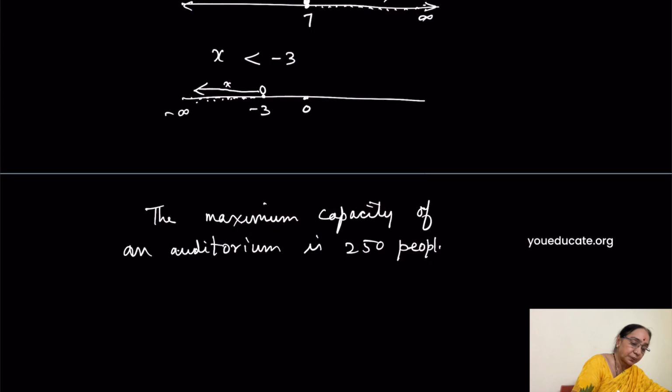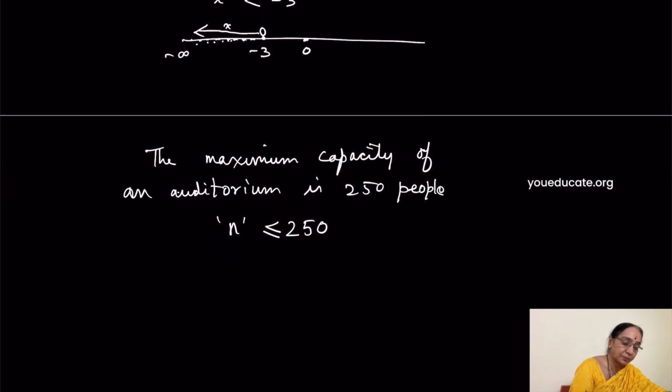That is, the auditorium can hold only 250 people. How do you represent that? Maybe we can have n for the number of people, and it has to be less than or equal to 250. It can hold 250 and no more. It can be less but no more. So n less than or equal to 250.